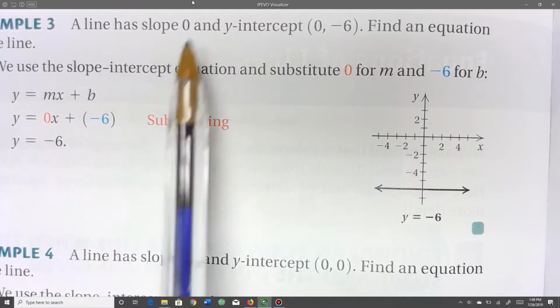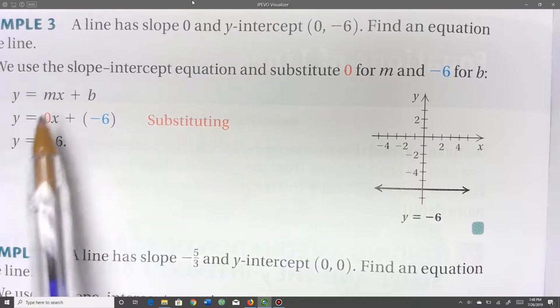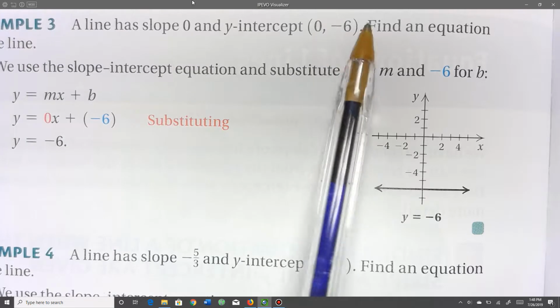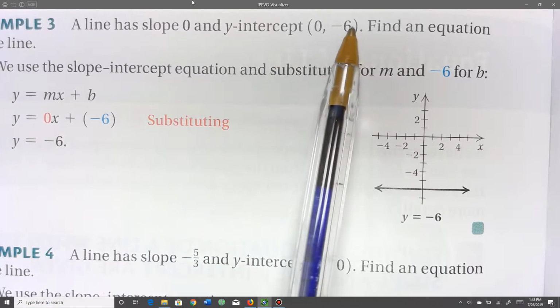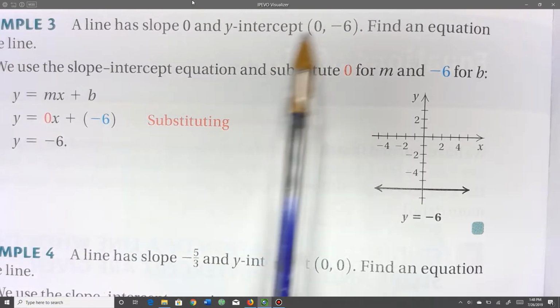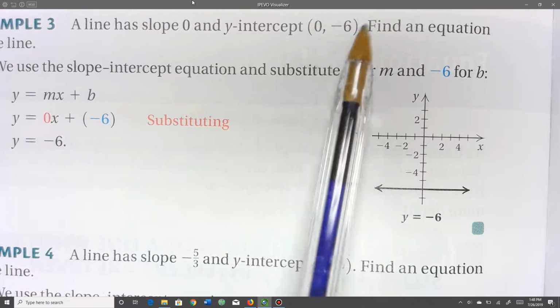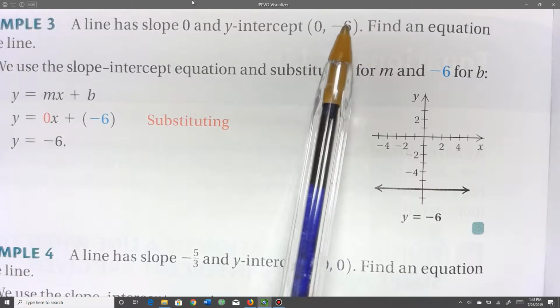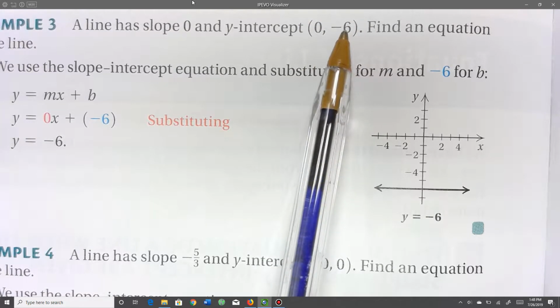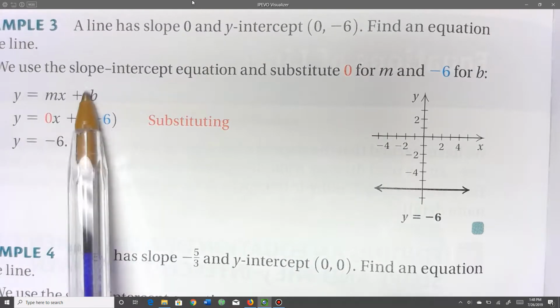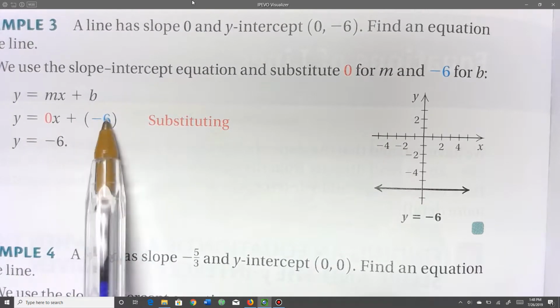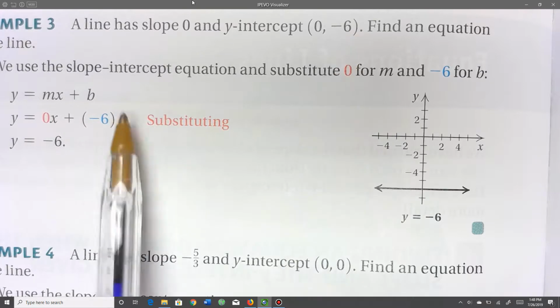Substitute values. They gave us a slope of 0 and y-intercept of 96. Well, they gave us the ordered pair for the y-intercept, but you need to choose the y value and substitute it for the b. Just the y value.